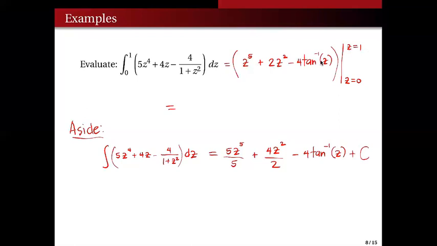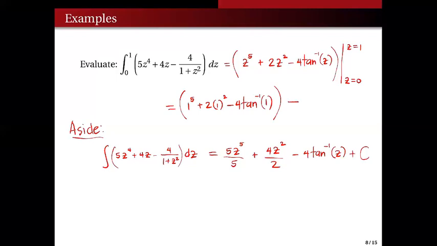So you replace all these guys here with z equals 1. So when z equals 1, you have 1 to the 5 plus 2 times 1 squared minus 4 tangent inverse of 1 quantity.